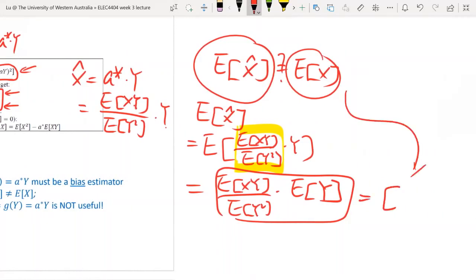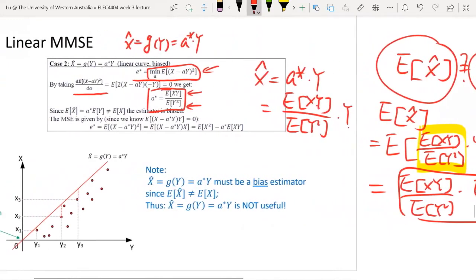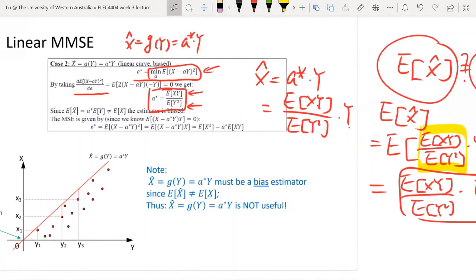Is that equal to the expectation of x? Normally, no. So you can see here, normally they are not equal. If they are not equal, this estimator will not be good because its estimation cannot match the average behavior of the original variable. This is called a biased estimator.